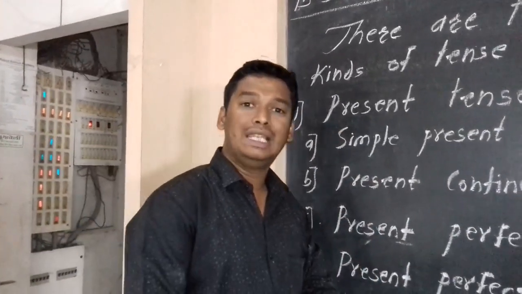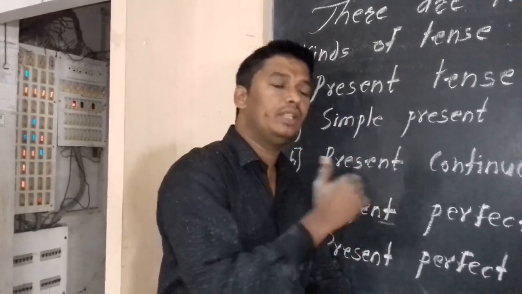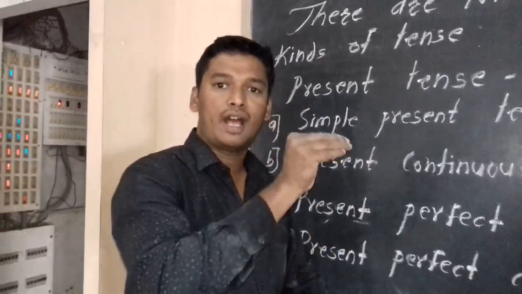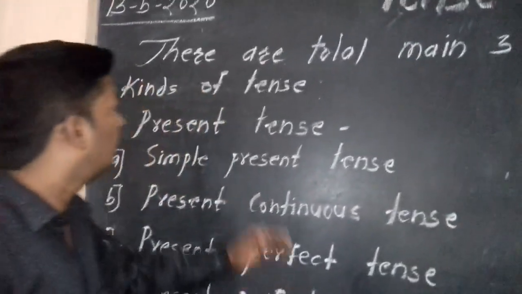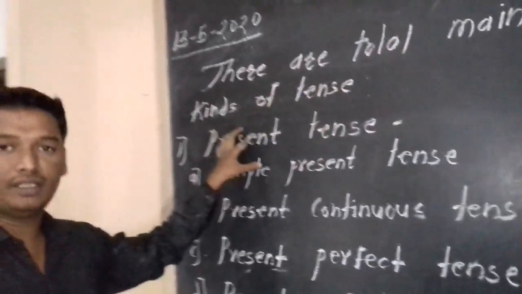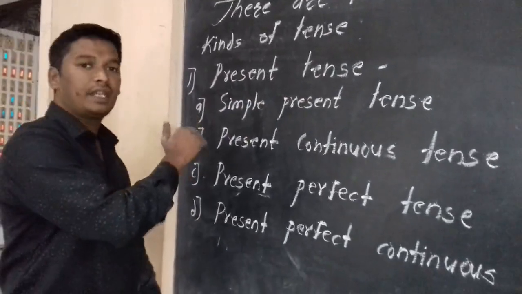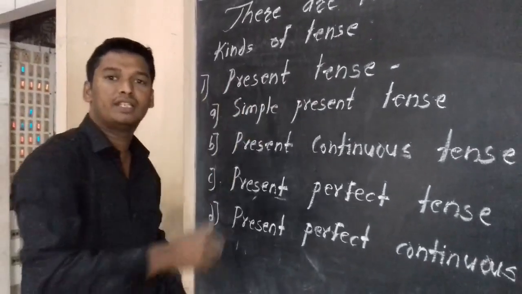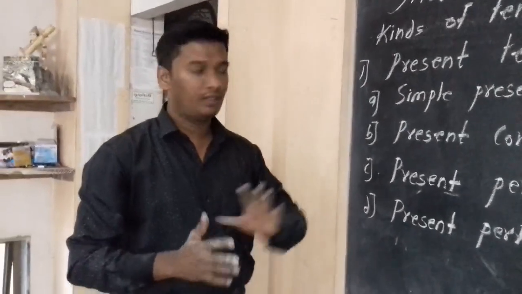You have been learning tense since 5th standard, and everyone knew that there are 3 main kinds of tense. Which are they? Look, there are a total of 3 main kinds of tense. First one is present tense, second one is past tense, and third one is future tense.